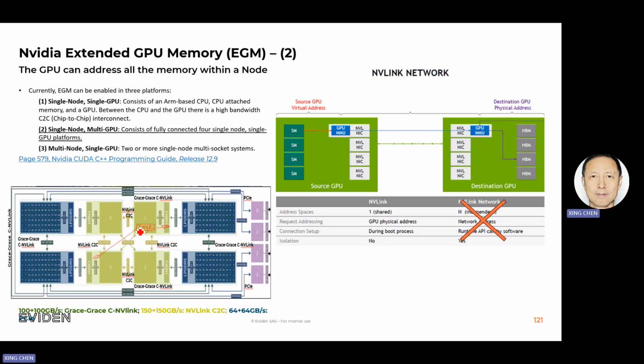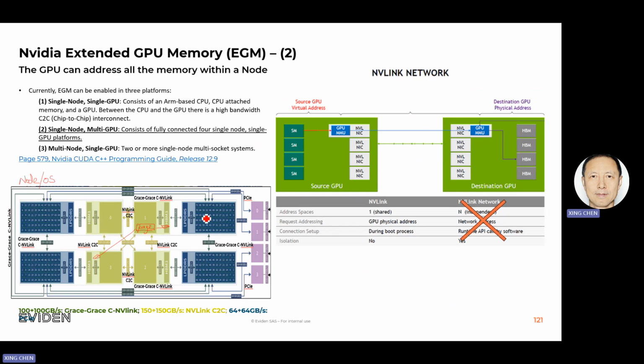This memory access will be going through this NVLink C2C and reach another GPU and use that physical address to get data. But anyway, it's going through this NVLink C2C link, and it's always using a physical address. So it could point to its own physical address, or it could point to another GPU's physical address. The difference here is that this is a node with only one operating system.